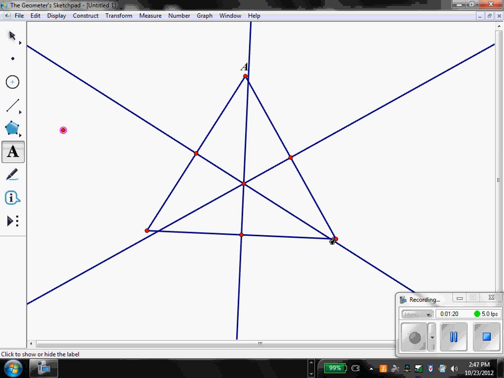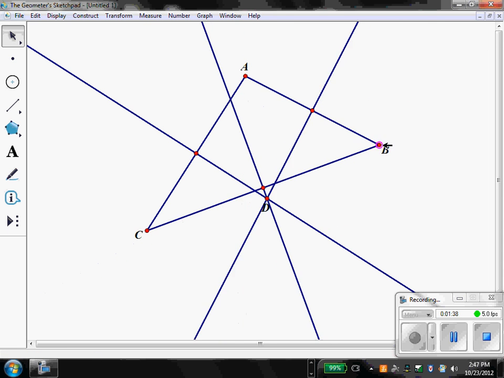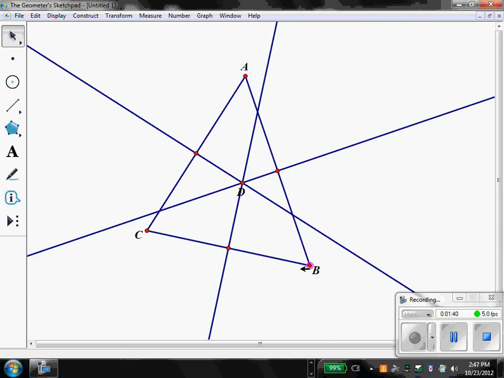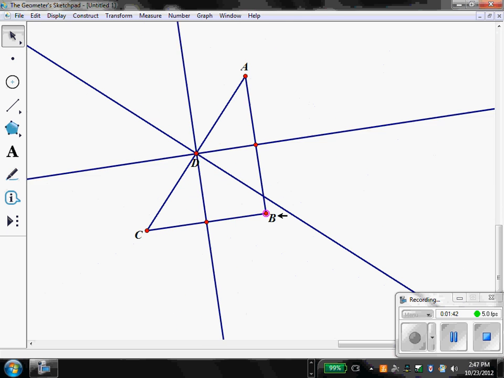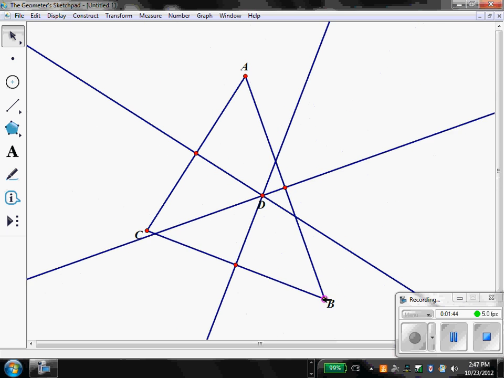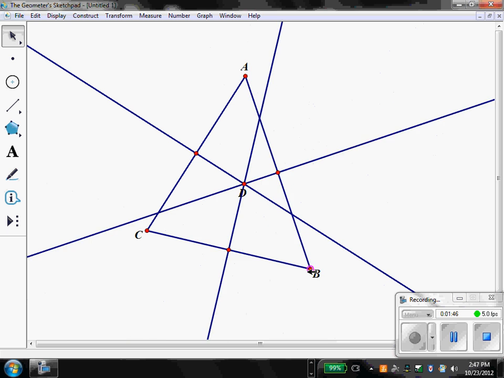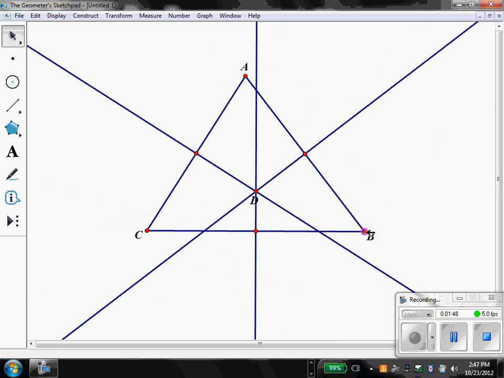So we have triangle ABC with circumcenter D. No matter how I move the points around, we still have a point of concurrency. It may not always be on the interior of the triangle, but they will always intersect.